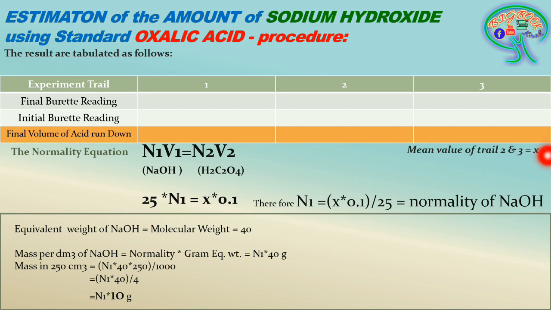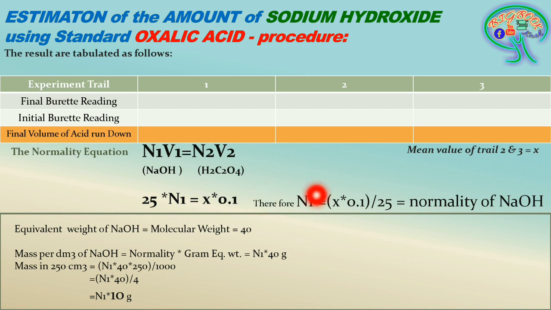The product here will be whatever volume we get, that will be the x, multiplied with the normality. Now if you consider the sodium hydroxide, we don't know the normality of the sodium hydroxide, we know only the volume, that is 25. So here 25 into N1 is equal to x into 0.1.